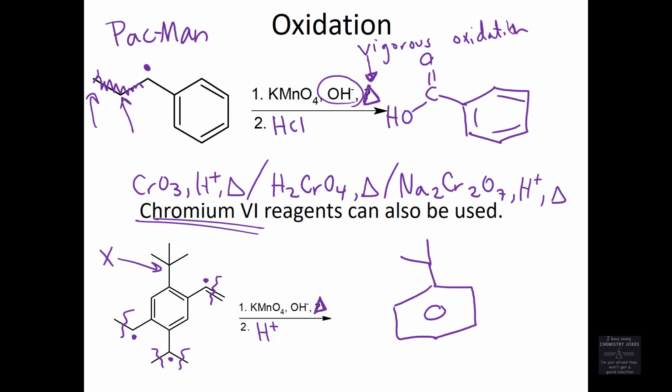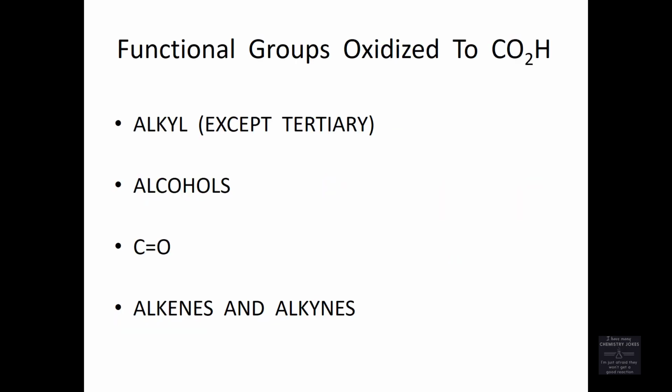So that one stays the same, while all these others become carboxylic acids. It's a little bit of a crazy example to have this many carboxylic acids all around, but the point is you can oxidize a lot of different groups, like alkyl groups, except tertiary alkyl groups.